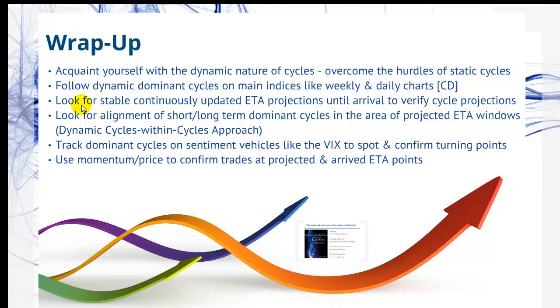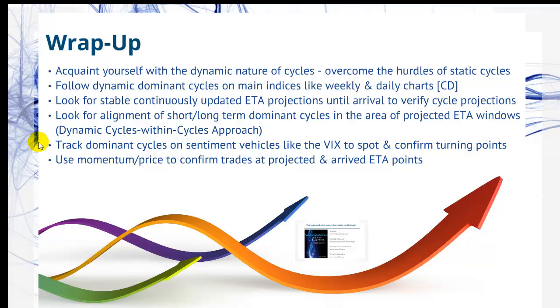An even better thing would be if you look for an alignment of short and long-term dominant cycles, like shown in the first example. Then you have very stable areas with the projected ETA windows if you have the dynamic cycles within cycles approach. So mainly follow the two dynamic cycles. It does not make sense to follow more than two cycles in the market, but if you can follow these two, I showed you how successful you can be with this.